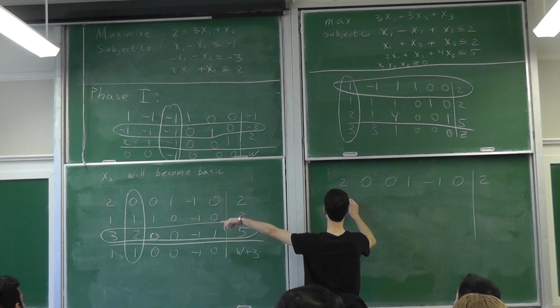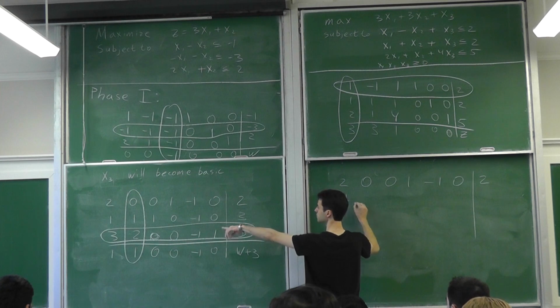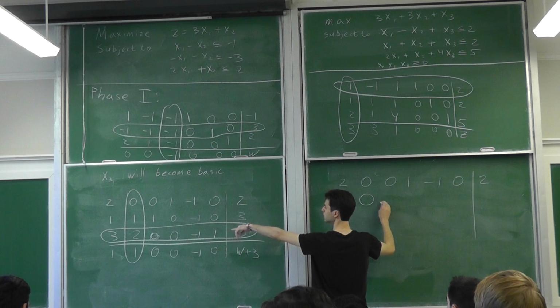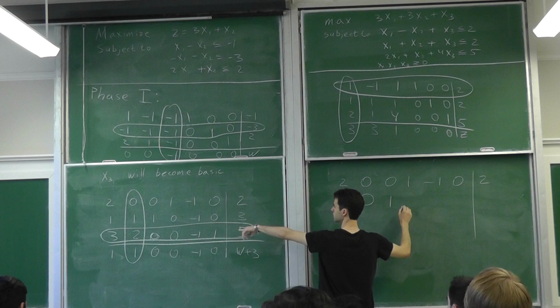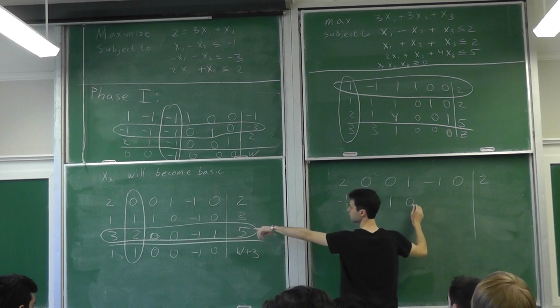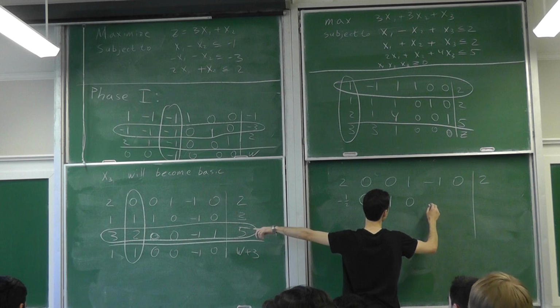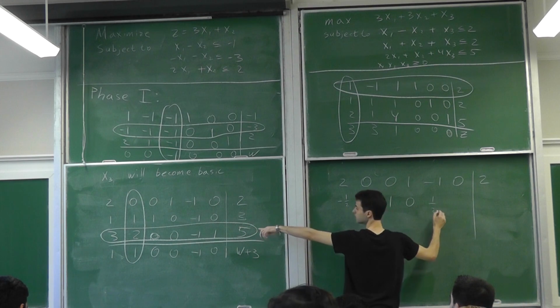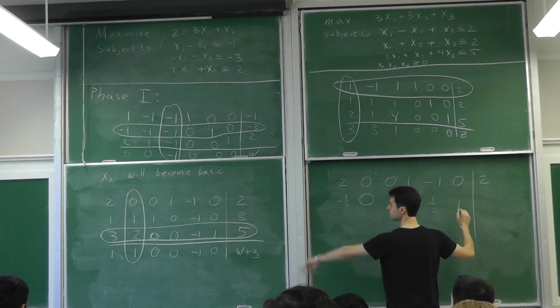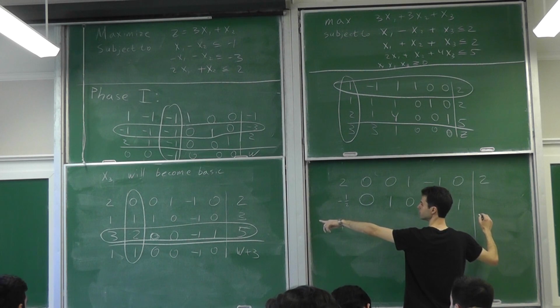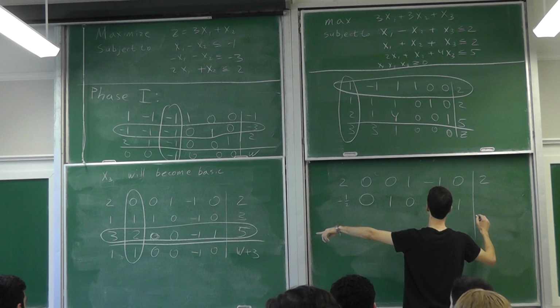So 1 minus 3/2 minus 1/2, 0, 1, 0, minus 1 minus 3/2 times minus 1, minus 1/2, 1, 5 minus 3/2 times 5 minus 9/2.